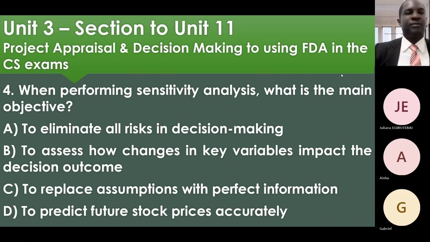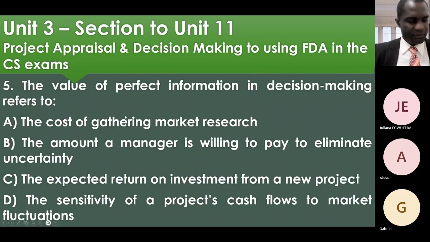All right. And finally, the value of perfect information in decision making refers to the cost of gathering market research, the amount a manager is willing to pay to eliminate uncertainty, the expected return on investment from a new project, the sensitivity of a project's cash flow to market fluctuations.